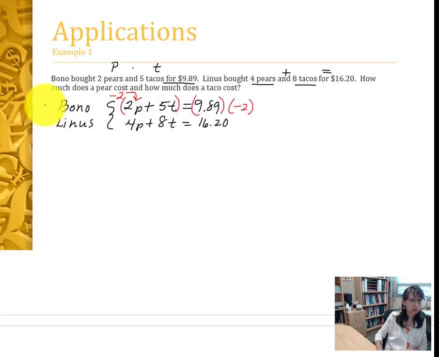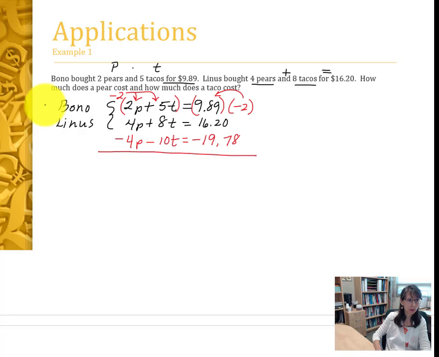So let's go ahead and distribute this negative 2, and we'll have minus 4p and then minus 10t. And when we multiply negative 2 times $9.89, we're going to have negative 19.78.